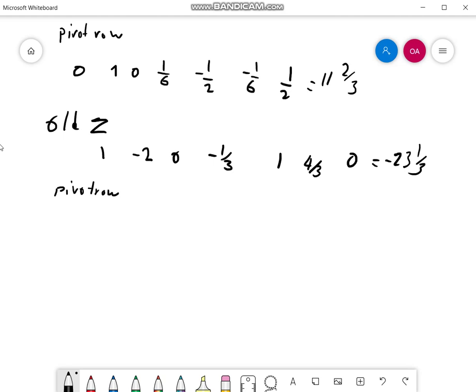Then we have the pivot row. Then you're gonna multiply it by 2, so 0 by 2 is 0, then 2, then 0. Then we have here 1 over 3. Okay, so I think I have missed some numbers over here. So 0, 1, 0, minus 1.